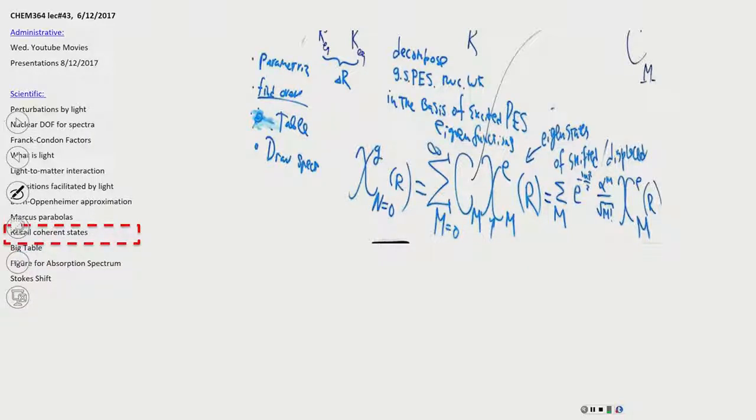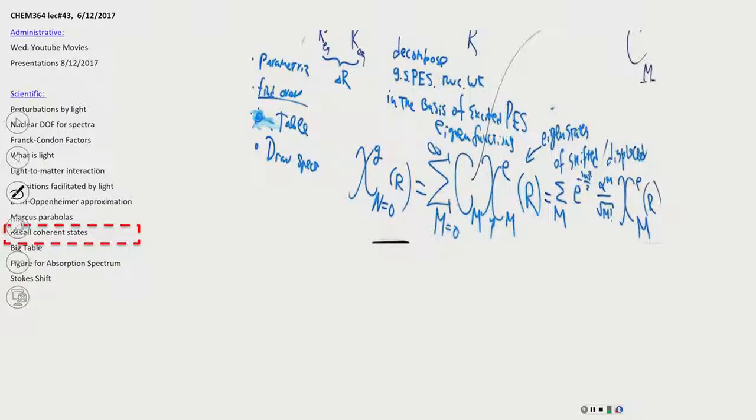If we find this alpha parameter, which is just the offset of these potentials in position times some factor, we can immediately express the excited states in the same basis.